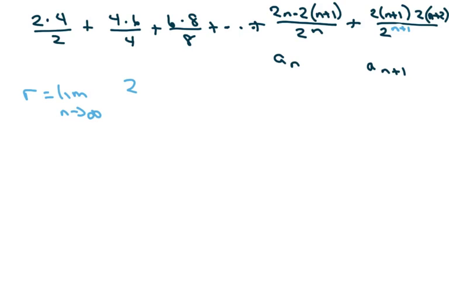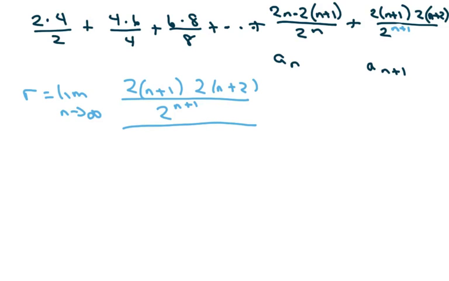Okay, so we get, sorry about that, 2 times n plus 1 times 2 times n plus 2 over 2 to the n plus 1. And then the denominator is going to be 2n times 2 times n plus 1 over 2 to the n.